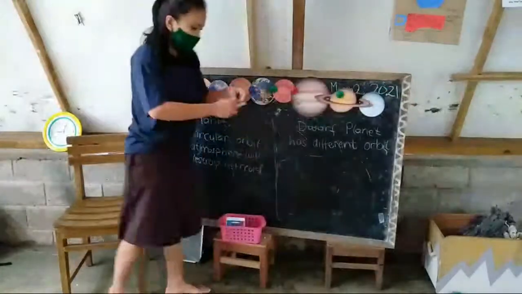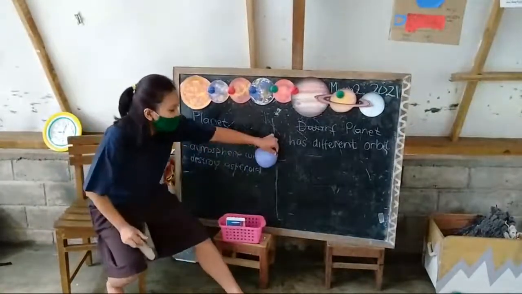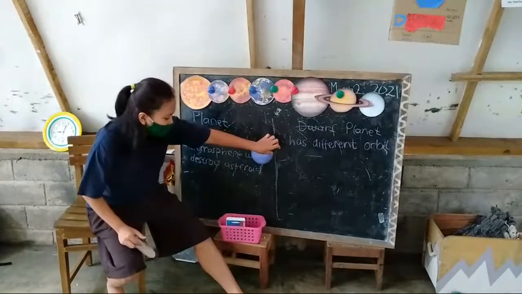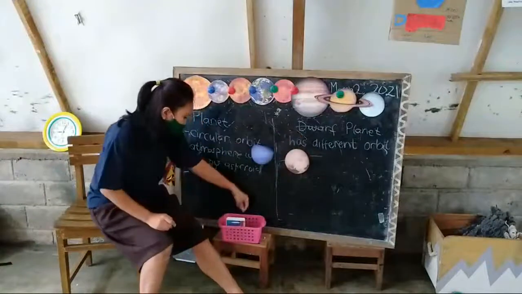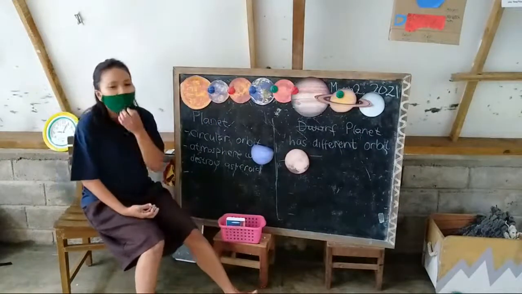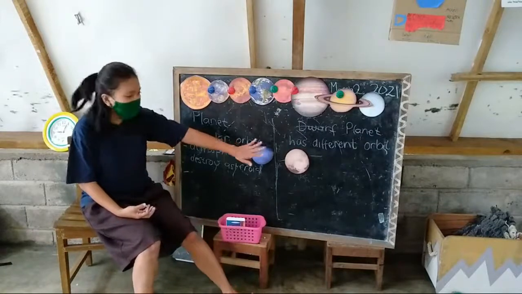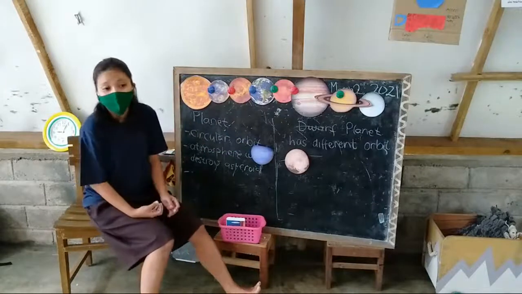This one is Neptune, right? And Pluto is here, orbiting the sun. Don't mind the size of it here, okay? In our classroom, it is only a picture.